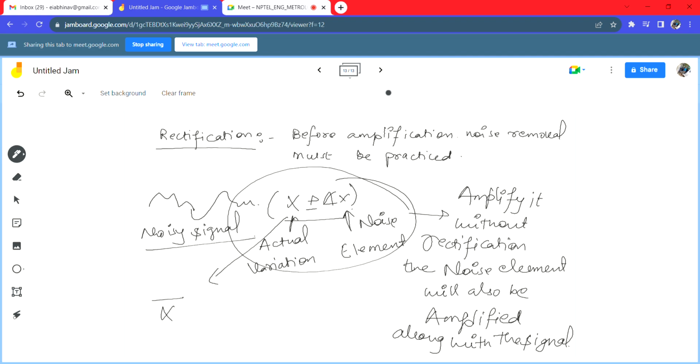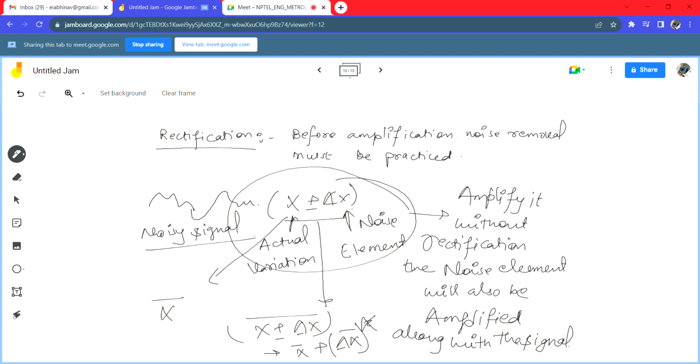Now what will happen is this will become x plus minus delta x bar, and now if we resolve it, this will become x plus minus delta x bar square, or maybe some function, not exactly square, maybe some function x y z, whatever it is.